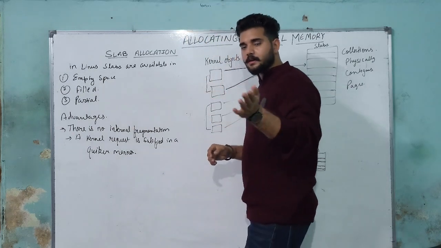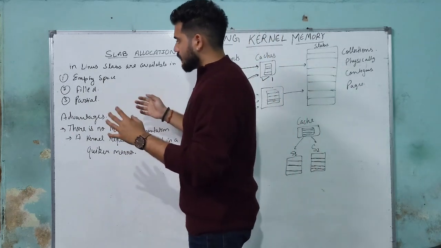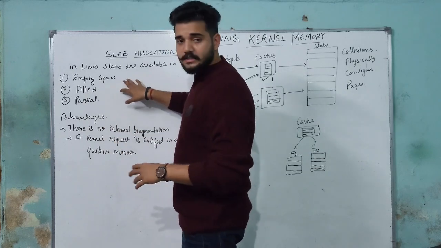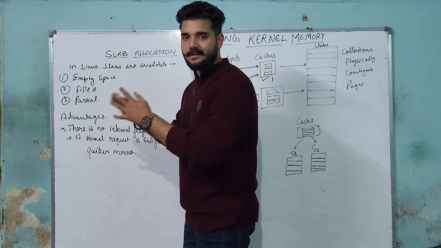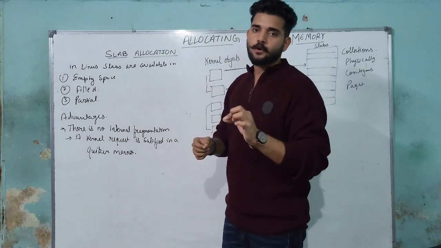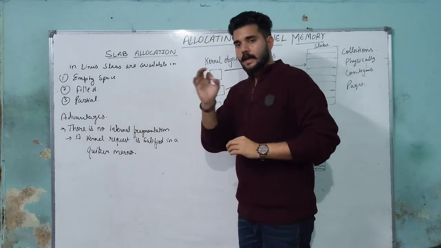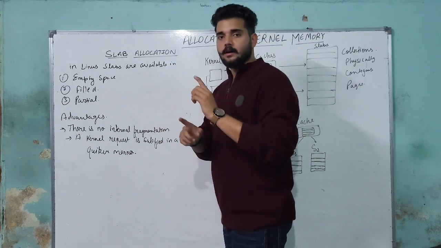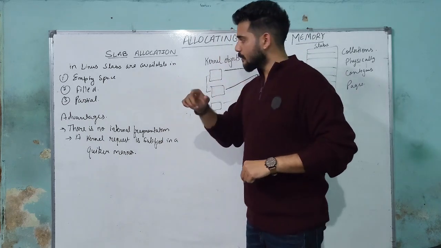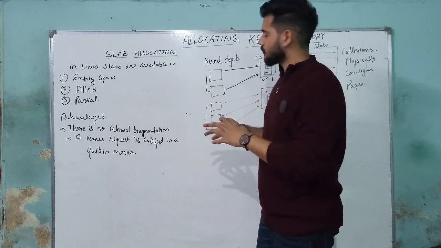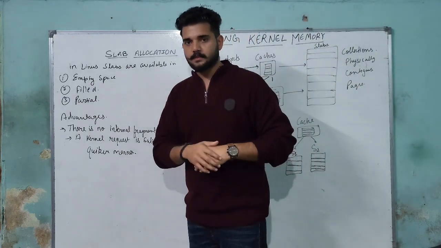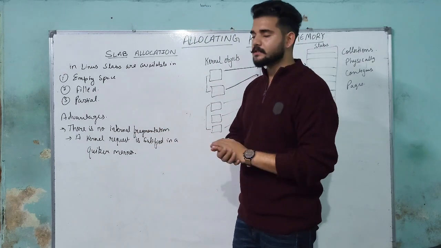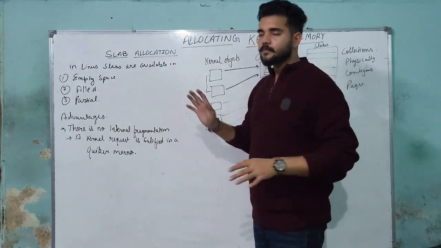When a request comes, the algorithm checks if the slabs are empty. If they are empty, it is going to fill them. But the first priority of the algorithm is to allocate the object to a partially filled slab. Then it checks for empty space, and if it is filled, it is not going to store the object.